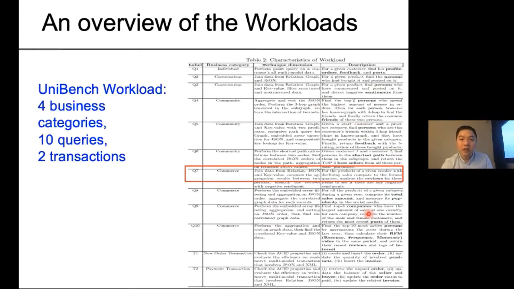And all the queries involve at least 2 models along with different operators. For example, query 2 will join data from a relational table, graph, and JSON files. And query 5 will join data from relational, graph, and key-value with recursive graph traversal, embedded document filtering, and relational joins.